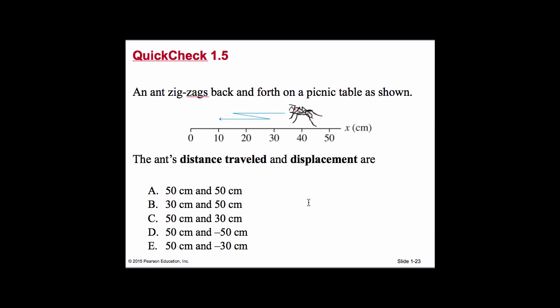So come up with your answer, see what you think. The answer is negative 30 centimeters for displacement because we started at 40 and ended at 10. So 10 minus 40 is negative 30. But the distance traveled, you kind of had to estimate the distances here and add those three distances up to get a total of 50 centimeters.